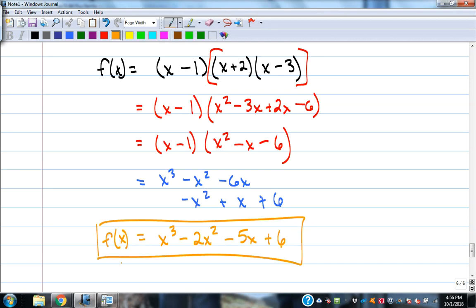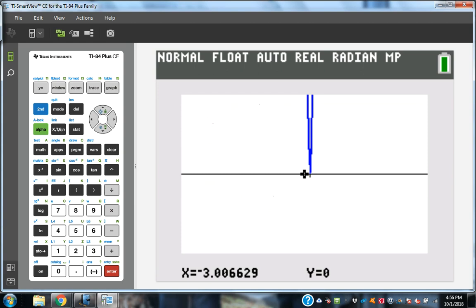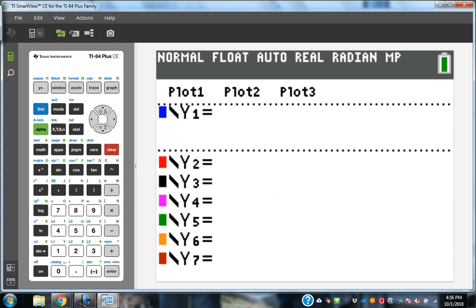That's my polynomial. Now, here's how I can decide if that's correct. If we were to graph this, where should it cross the x-axis? At 1, -2, and 3. So if I graph that, x raised to the third minus 2x squared minus 5x plus 6.